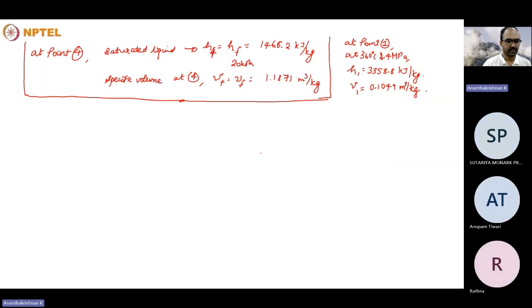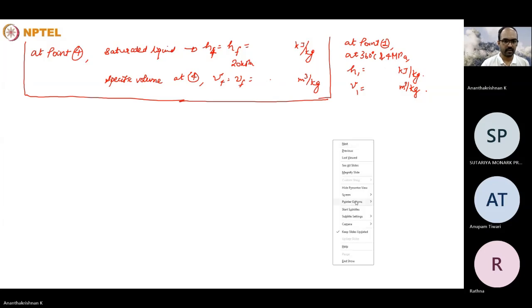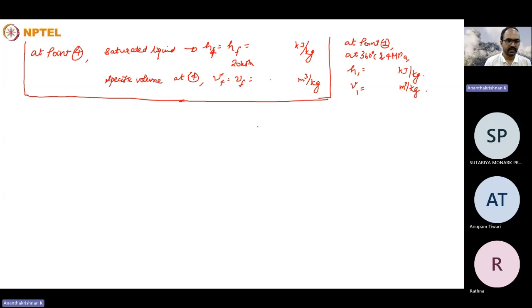I beg your pardon, there was a small correction in the values. I made a mistake in the values. So these are not the same. So I had the saturated liquid value at 20 kilopascal, that value will be equal to 251.4 kilojoule per kilogram. So that is something that we have to use.